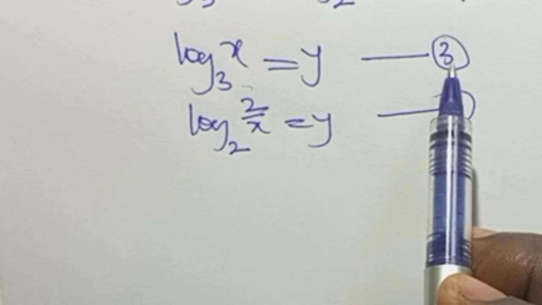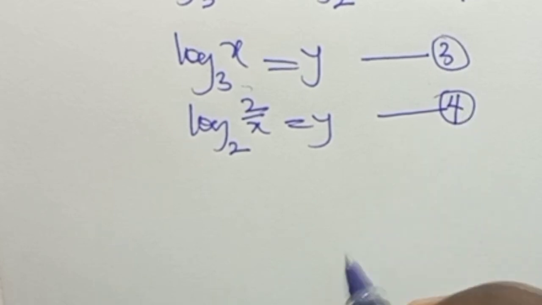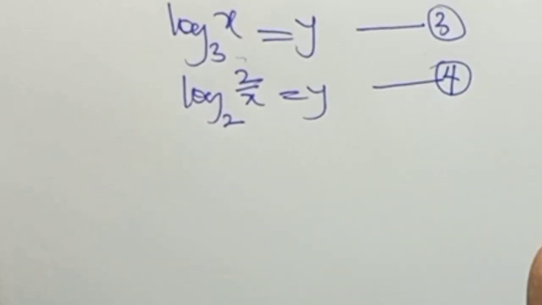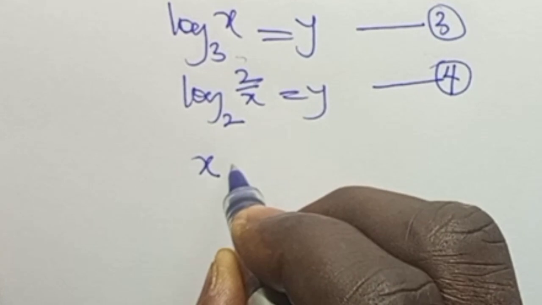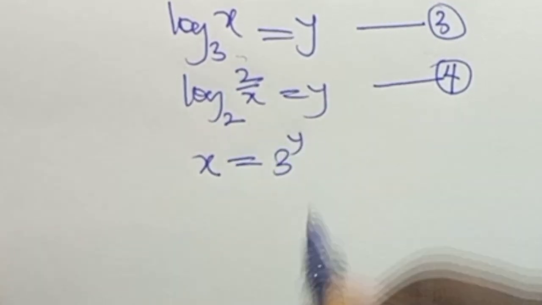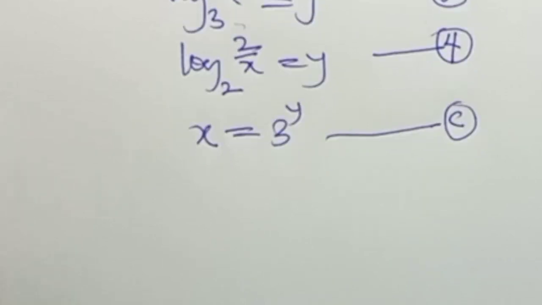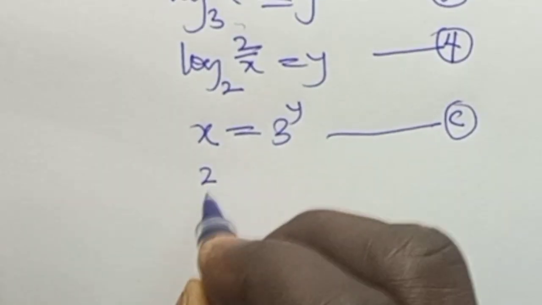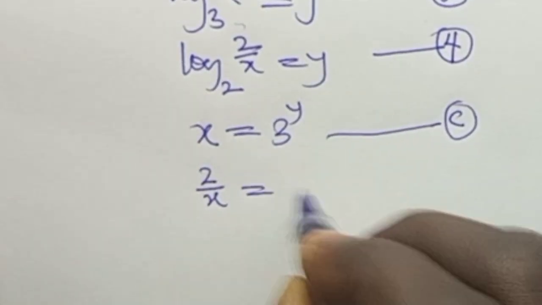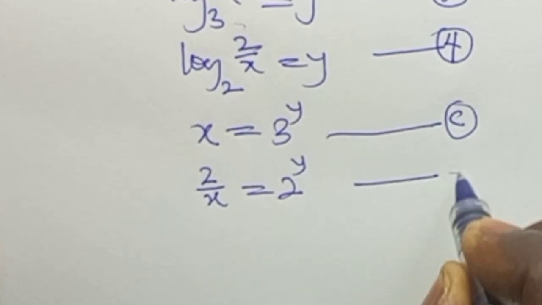So if we write equation 3 and equation 4 in an index form, it will therefore become x equals to 3 to power y as equation C, and 2 over x equals to 2 to power y, equation D.